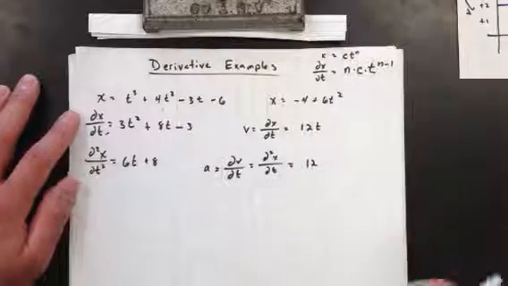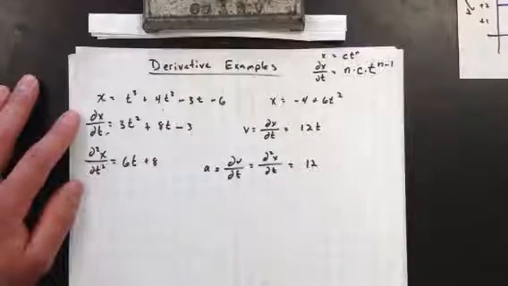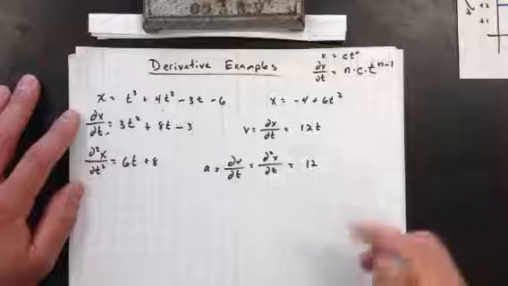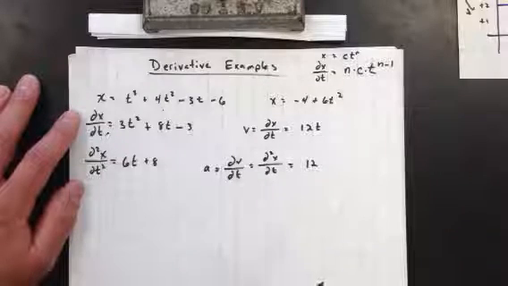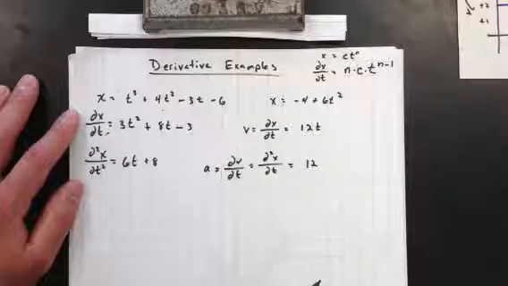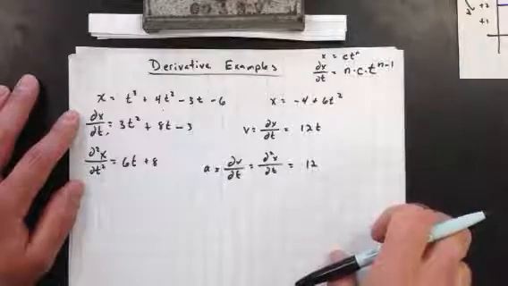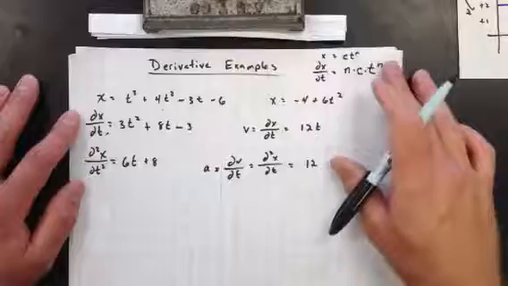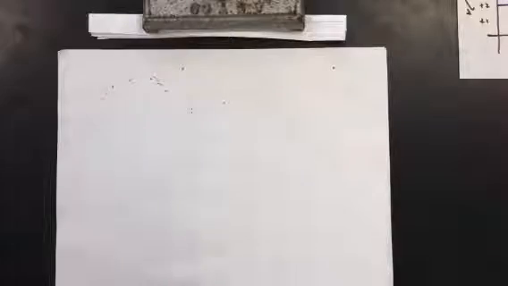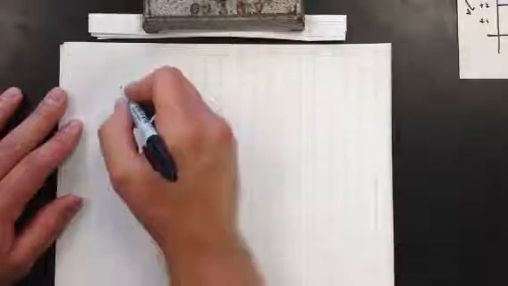T to the 1 minus 1 is 0, so t to the 0 is 1. 12 times 1 is 12. Our acceleration will be 12 meters per second squared for that function. It is the exact same process for whatever equation you want to make up or whatever equation you're presented with.